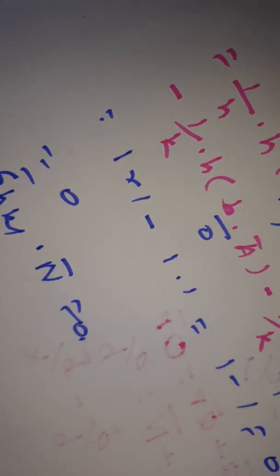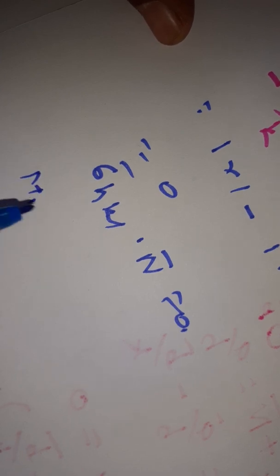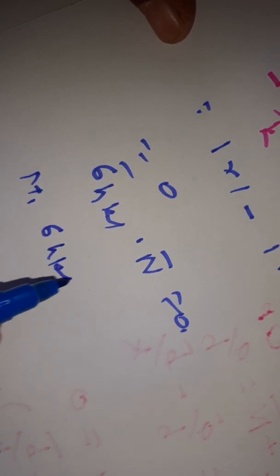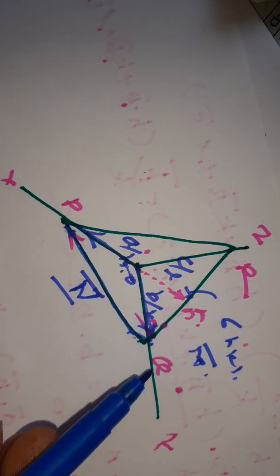Similarly, we can prove that m dot sigma HKL is equal to 0. See in this figure, m is here.